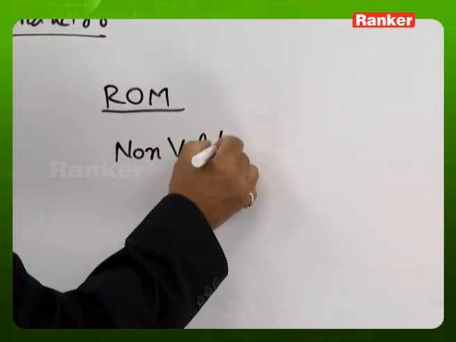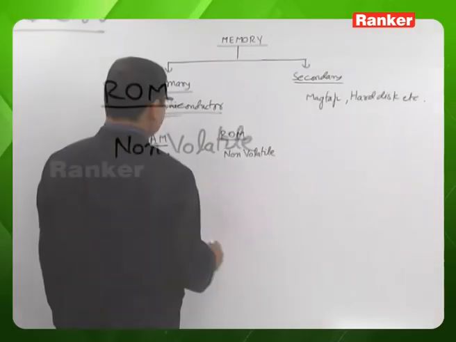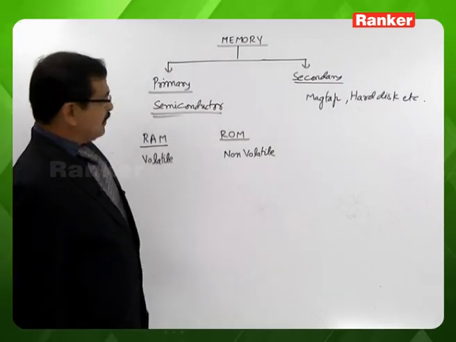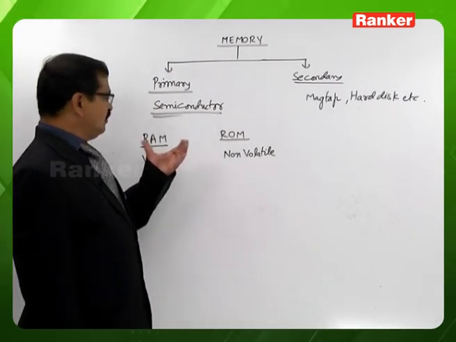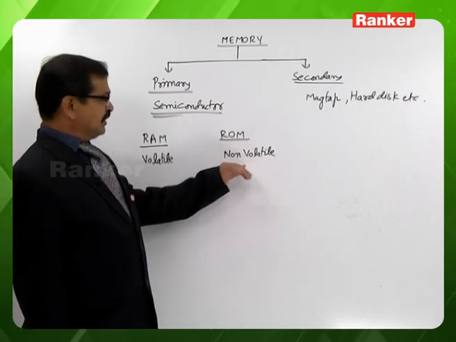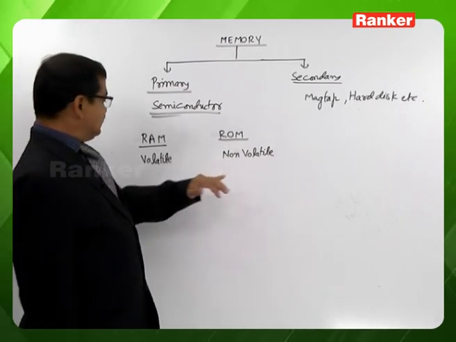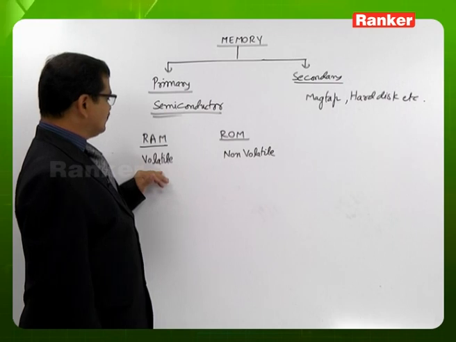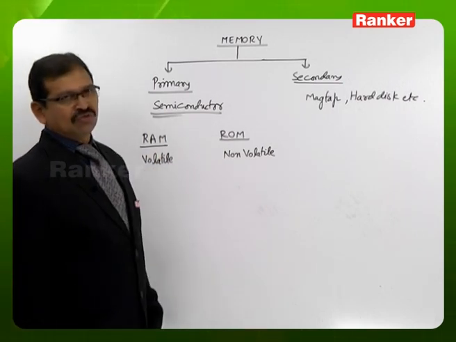It means the data we write will remain available even when the power is off in the case of non-volatile memory, whereas in volatile memory, once the power is off, the earlier content is no longer available.